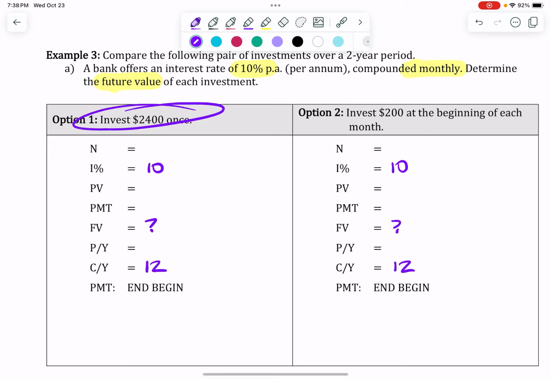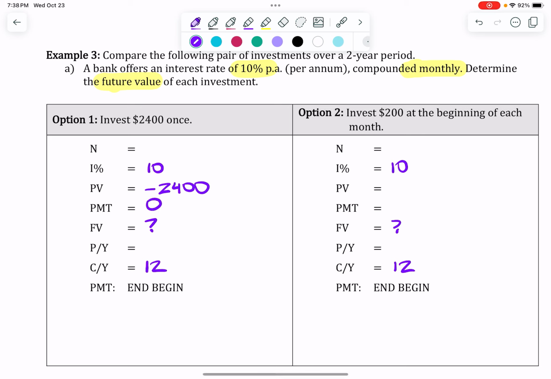Here, option 1, I'm simply told $24,000 is invested once, which means I know it is a PV, right? PV is a one-time investment or withdrawal, whatever, but it is only done once, so that's a PV.